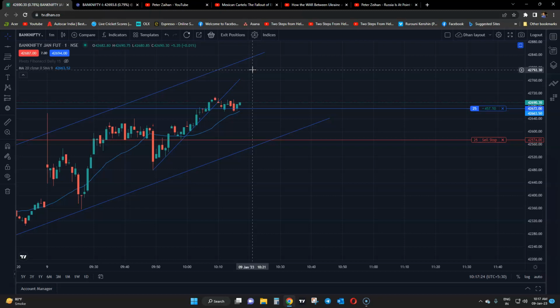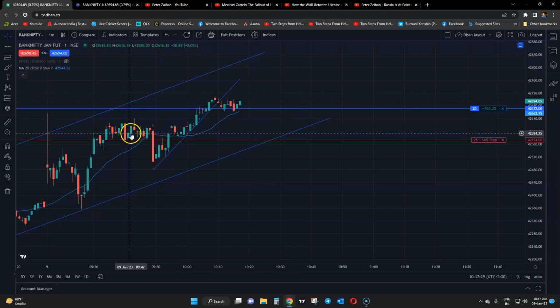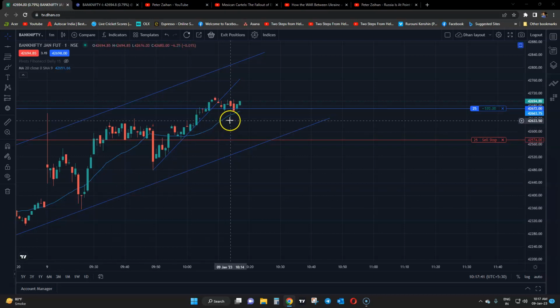So this is the second time we're sitting on this trade, this time at a much higher price. I think the earlier price was somewhere here. What is the earlier price? 42672. Well, that's the current price. 42694.